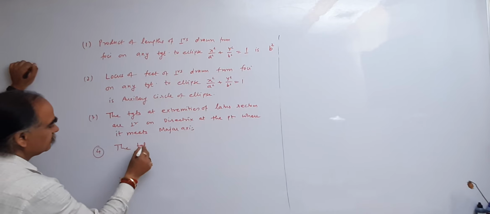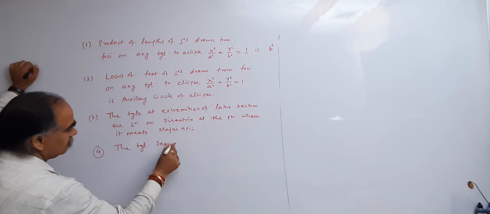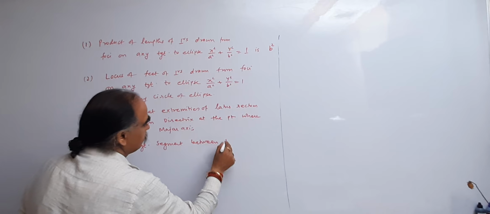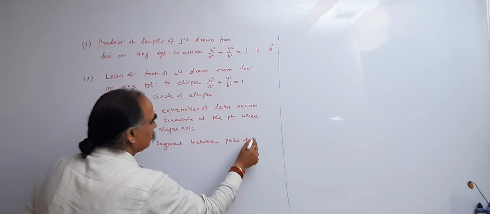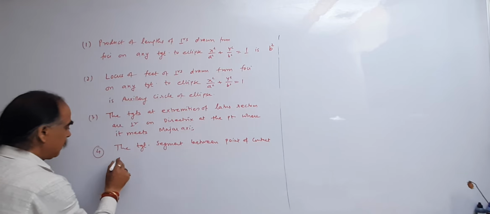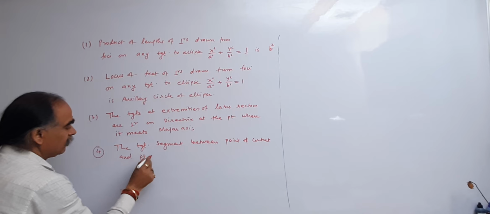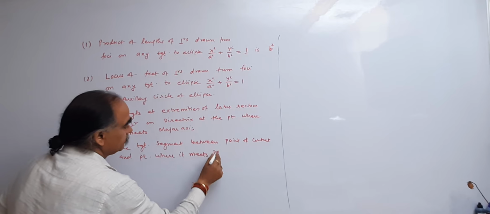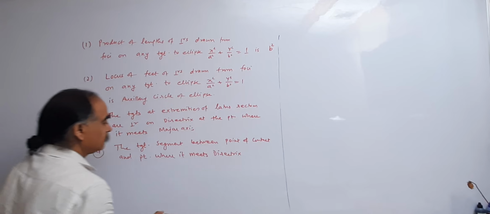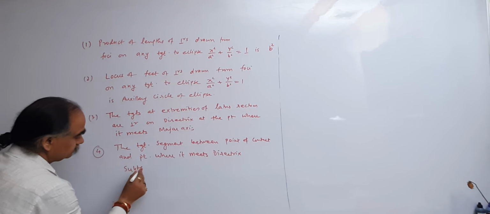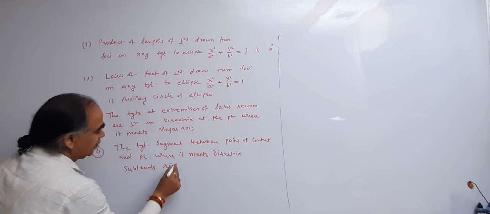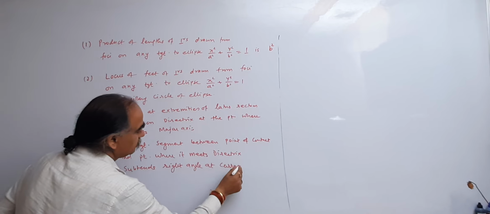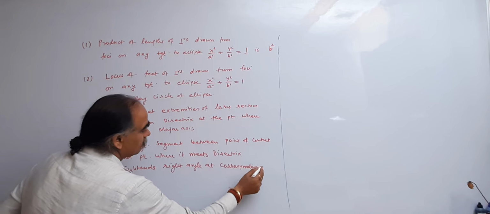The tangent segment between the point of contact and the point where it meets the directrix subtends a right angle at the corresponding focus.